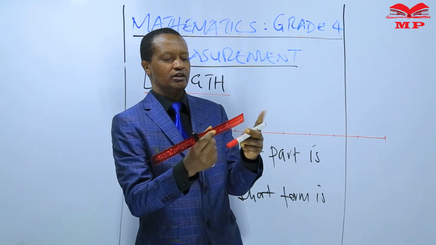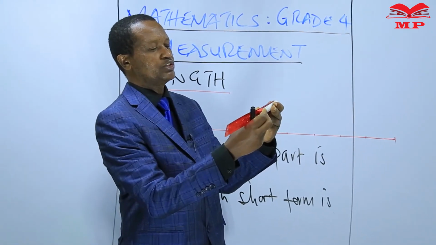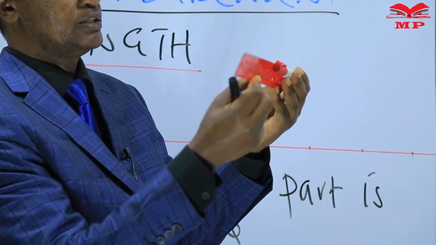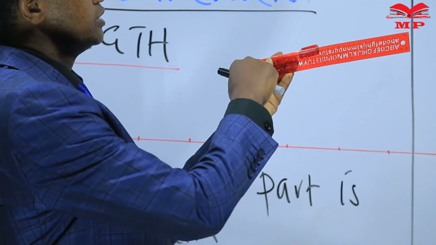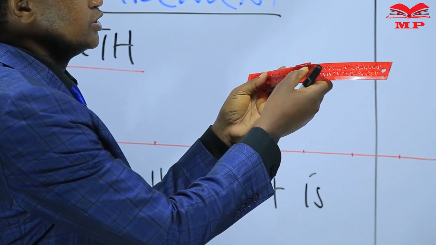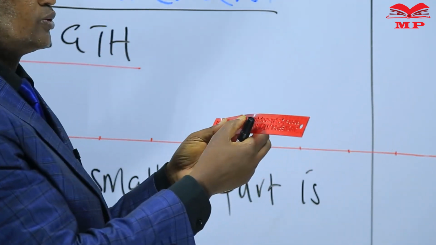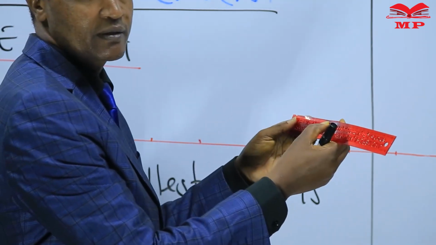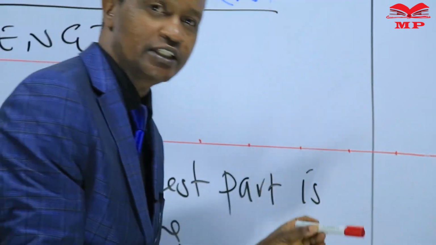In measuring it, this marker pen is measuring 13 centimeters. From this point to the other point of the marker pen, the ruler is showing 13 centimeters. Okay, this is a short length. It's less than 30 centimeters.